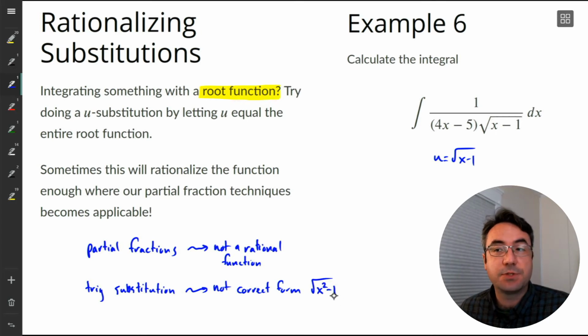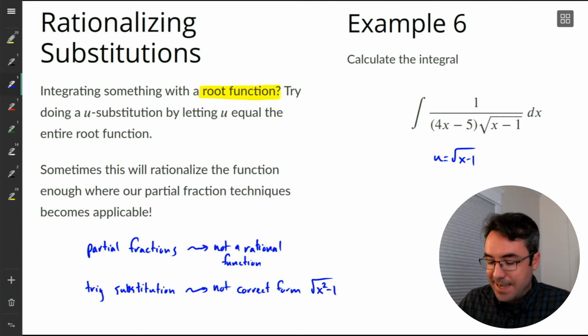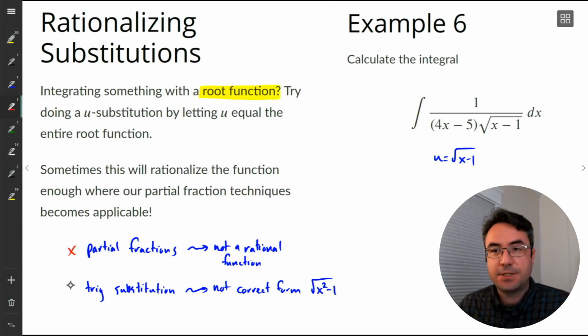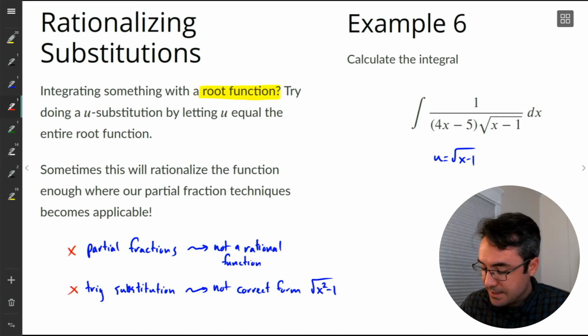We need our x to be squared because we're using trig identities there. We just have a regular old x here. So partial fractions doesn't work, and we might be thinking trig substitution, but that's not going to work because it's not of the correct form.